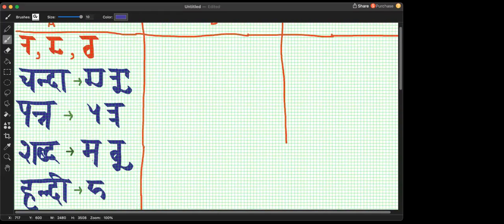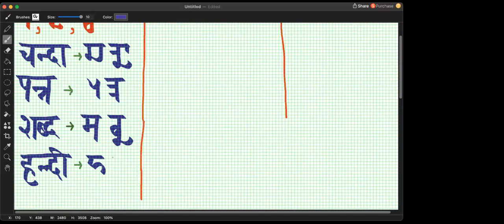Next, we have Haldi. When you're writing Haldi, Ha remains same. And next, we write La. And in Haldi, the da is sounding the last. So what I'm going to do, I'll add this da here at the bottom of La, and the e matra will remain as it is here. Okay.